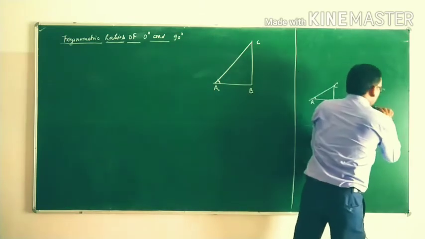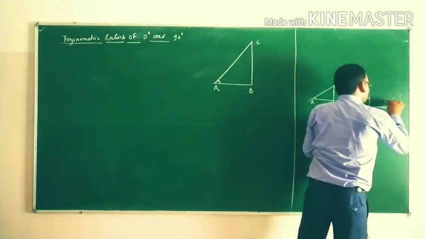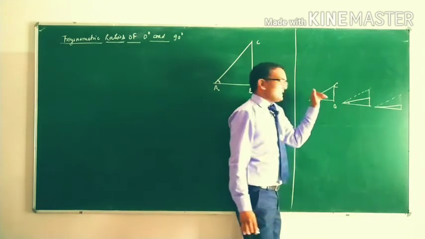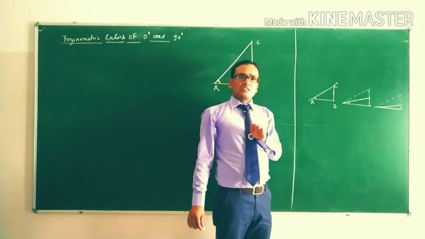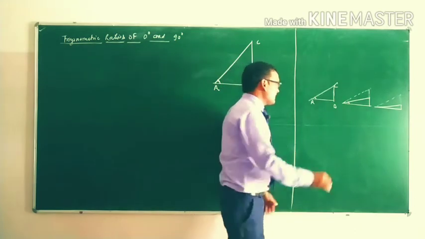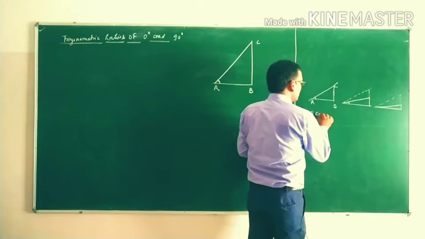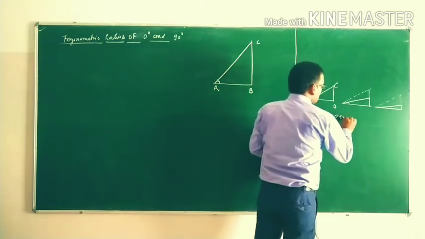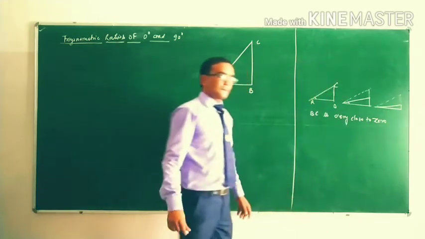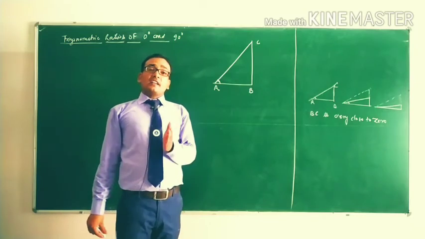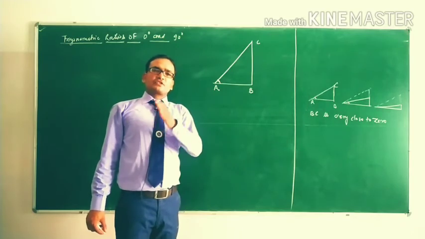If angle gets smaller and smaller, that means angle A is very close to 0, then the value of BC is very close to 0. Okay students, if angle A gets smaller and smaller, it becomes 0.